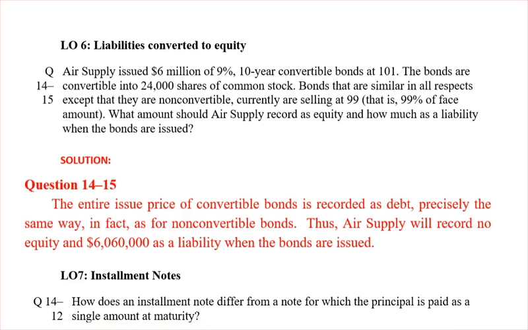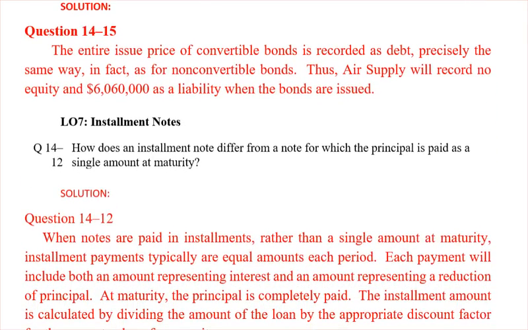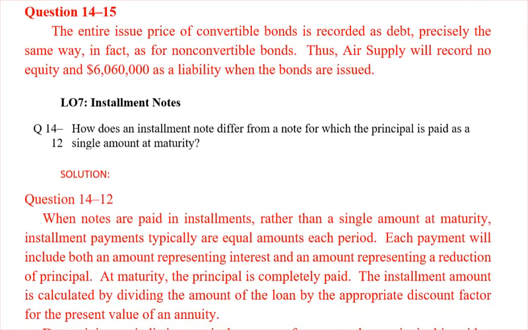Installment notes. How do these differ from the other examples we have had? When notes are paid in installments rather than a single amount, you are actually paying equal payments over a period of time. It can be an annuity due, or it can be an ordinary annuity, depending on when that payment comes. If it comes at the beginning, it's a due. At the end, it's ordinary.